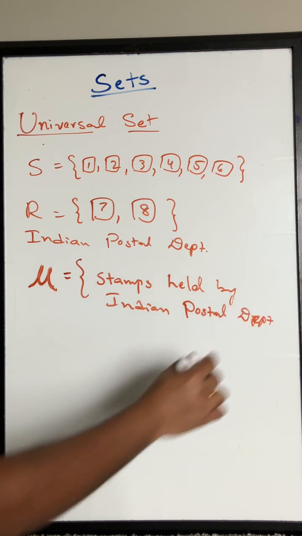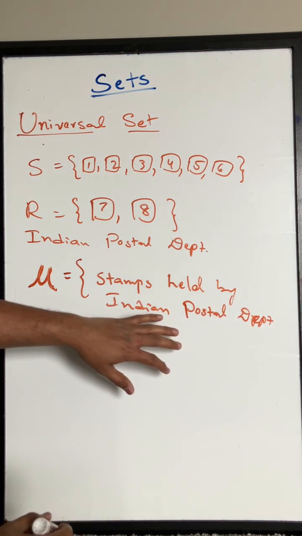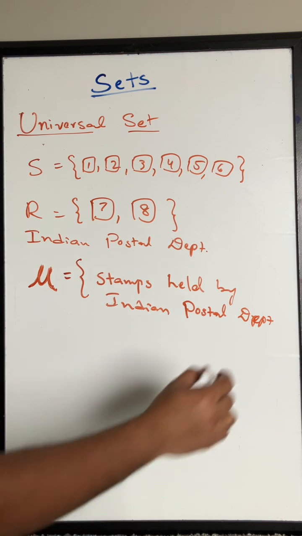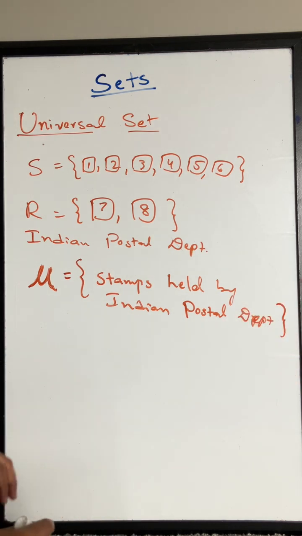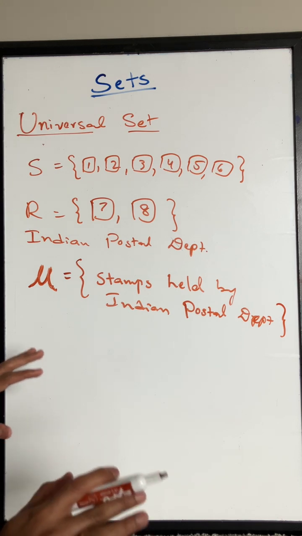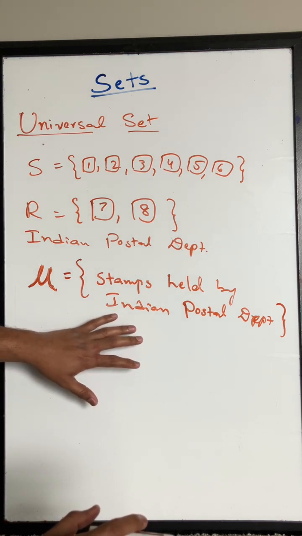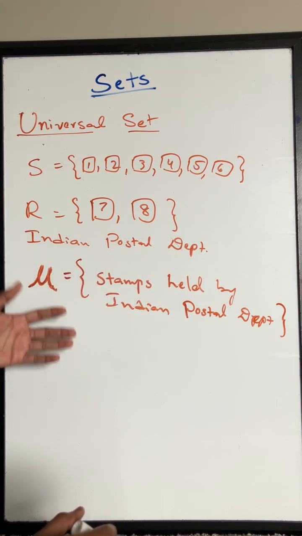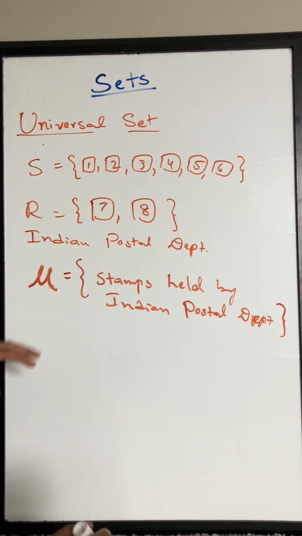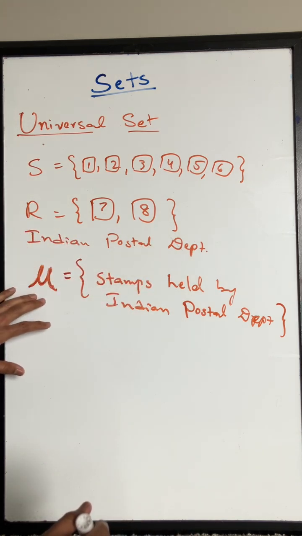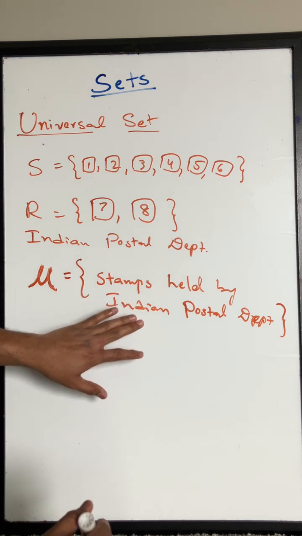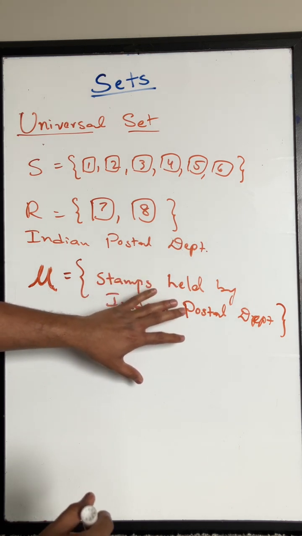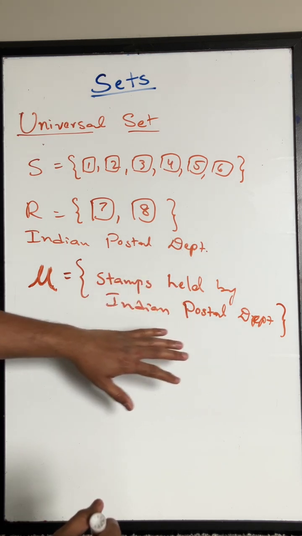So I'm using all this Indian Postal Department example for understanding purposes. Don't challenge me on when the Indian Postal Department was formed. Just think that the Indian Postal Department has every stamp because they printed them and hold them. So mu could be all the stamps held by the Indian Postal Department.